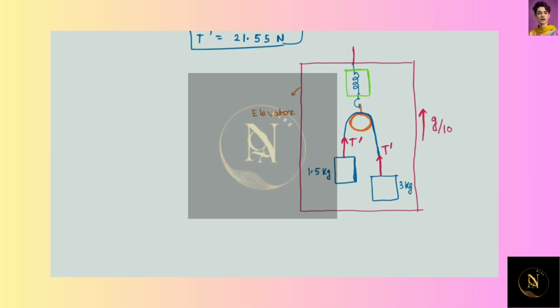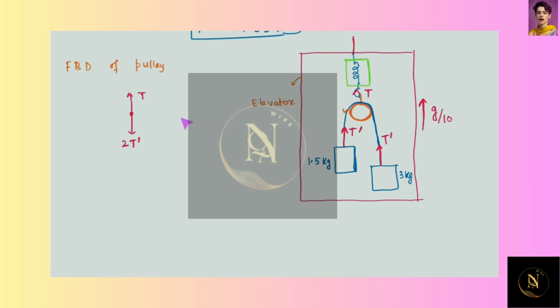Okay, now by drawing the FBD of the pulley, as you can see the net downward force on the pulley is 2 T prime because of the two sides of the string. That net downward force has to be balanced by the net upward force on the spring, that is the tension force on the spring, T, right?